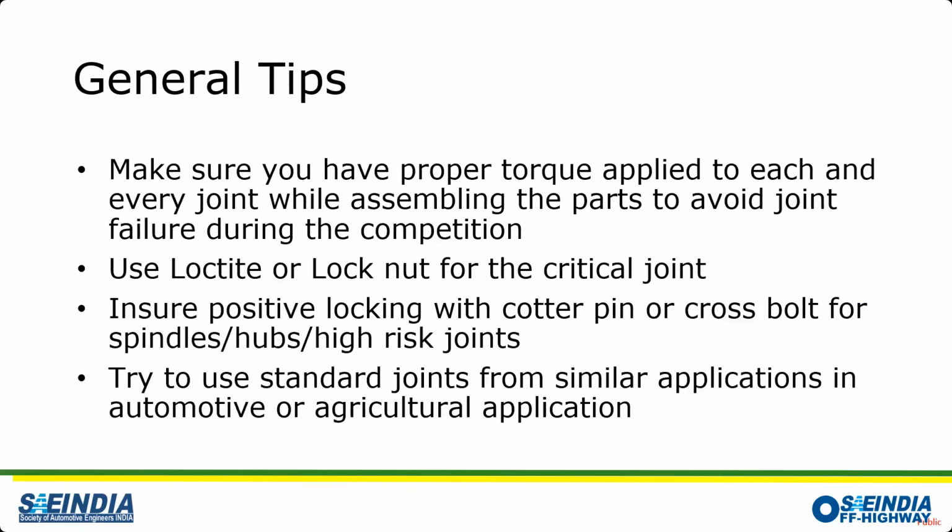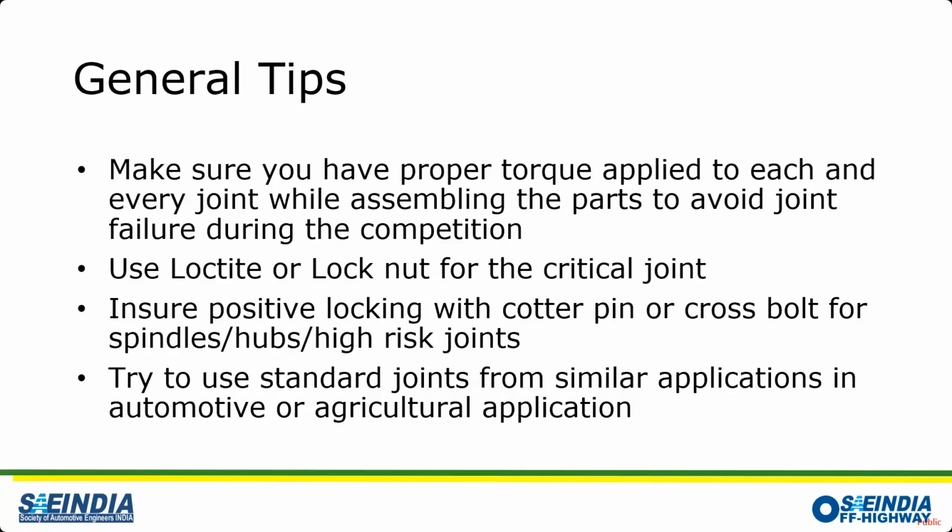So the calculation part is fine, but whenever you are using your design in reality, you need to make sure you have proper torque applied to each and every joint while assembling the parts, to avoid joint failure during the competition and so on.